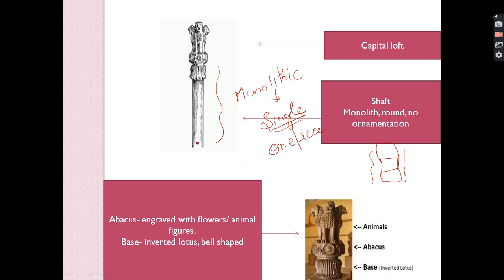Apart from that, you see there is no base in Ashokan pillars, but the Achaemenids used to make a base. So these were the basic differences because of which we can say that Ashoka was not inspired by the Achaemenids. Though there were some similarities, he was not inspired by that, right?